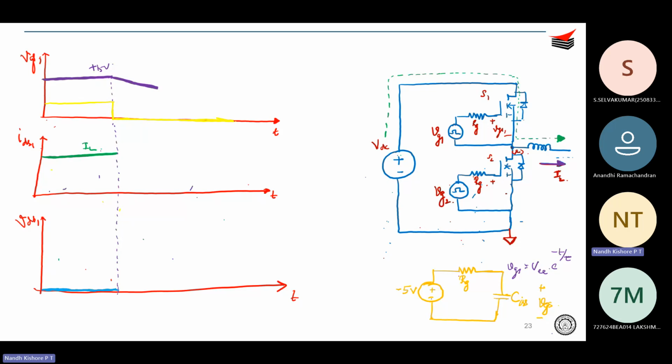Actually it is not S2 that will carry the current, it has to be the diode of S2, this particular diode, because the current direction is like this. The current will go through the load, come back over here, and flow through the diode. Do you agree?